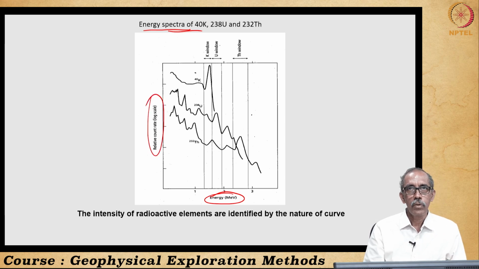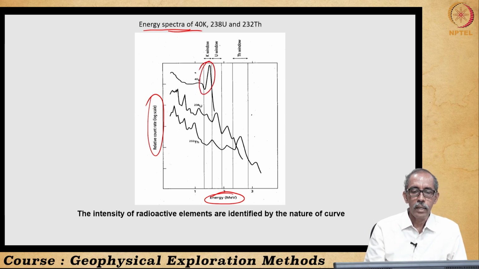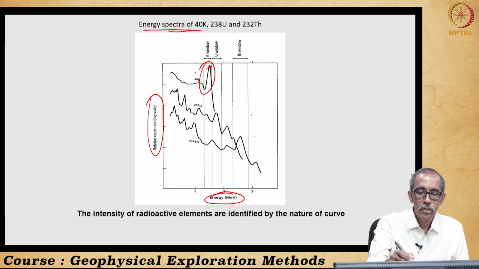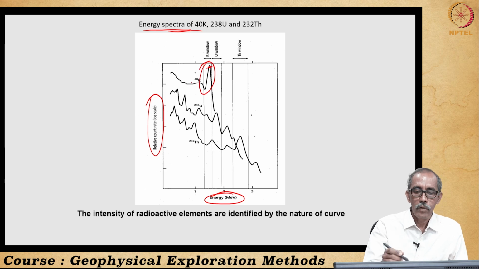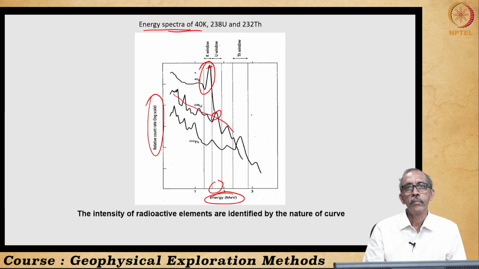It is well known that at this energy level, whatever is peaking is due to potassium. We know that at this energy level, whatever is the peak is due to uranium. This is how we are able to segregate the uranium distribution as well as the thorium and potassium distribution.